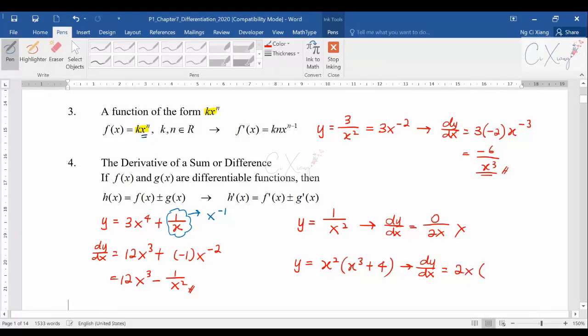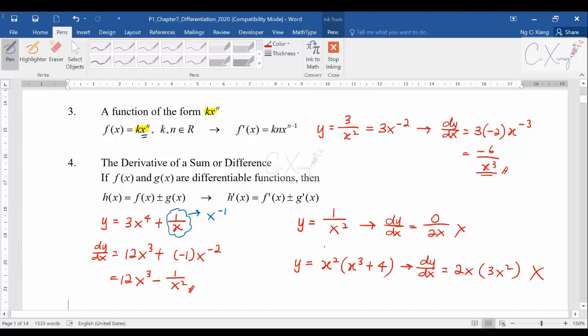And after that, differentiate x power 3, I got 3x squared. Differentiate plus 4, I get a 0. So my answer is also wrong. For any multiplication and fraction, you cannot straight away differentiate them like this. You have to change it into the proper pattern first. Then only you can do the differentiation.